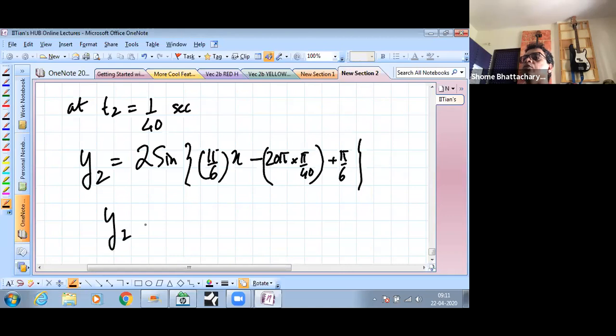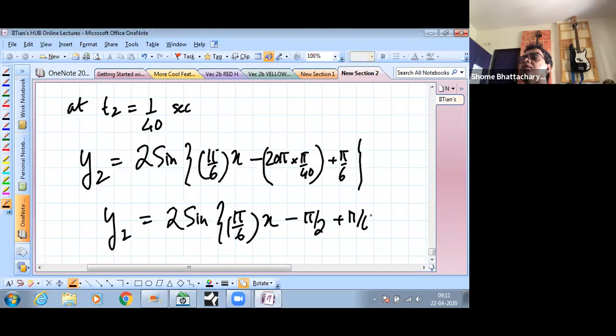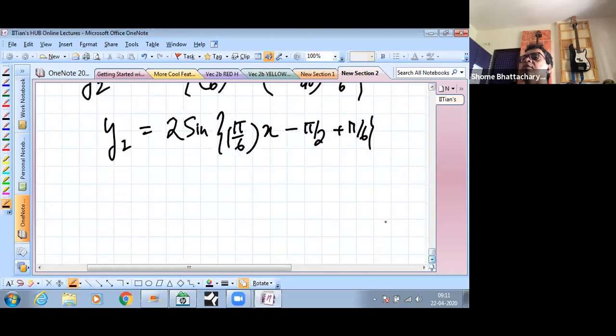So y2 is 2 sine pi by 6 x minus pi by 2 plus pi by 6. So this is like minus 90 plus 30, so it is minus 60.